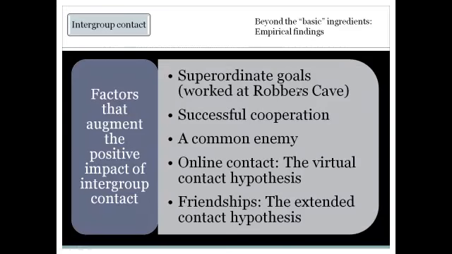So, for example, at the Robbers Cave study, they had the superordinate goal of trying to work together on something. A superordinate goal is a goal for both groups, a higher goal for both groups that they both can work on, that they both can try to achieve. So they're working together on it. Cooperation, again, like pulling that truck out of the mud. The common enemy.